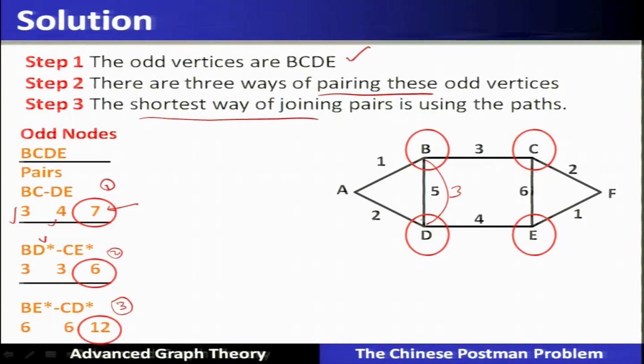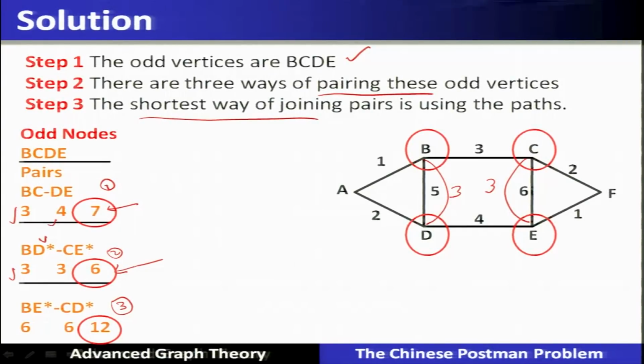Similarly, for C, E there is a direct edge of length 6, but if we come through F, the cost will be 3. So, let us add an edge of cost 3. This will make the graph Eulerian and will incur only a cost of 6 units.